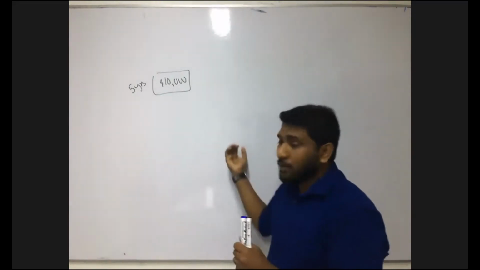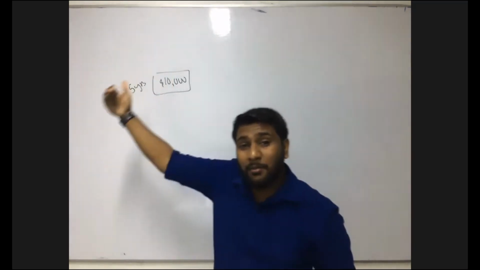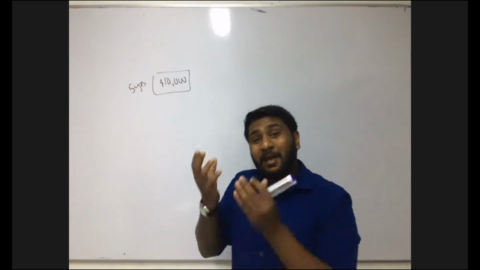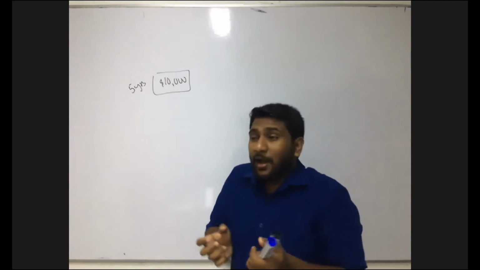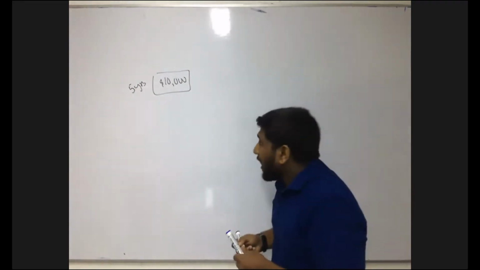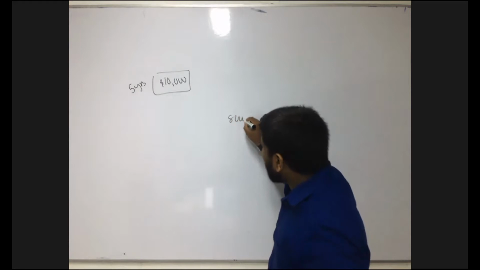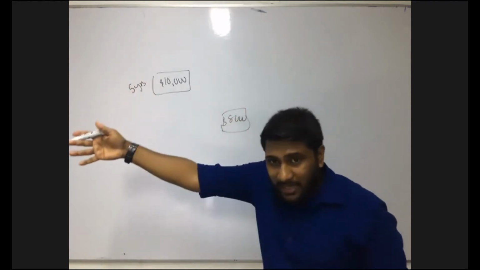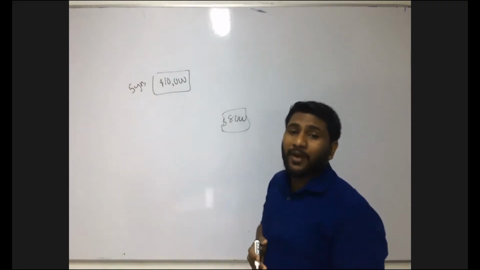But since here you are getting 10,000 after some number of years, it is not equal to 10,000. I would say having 8,000 today is equal to having 10,000 in another 5 years time.